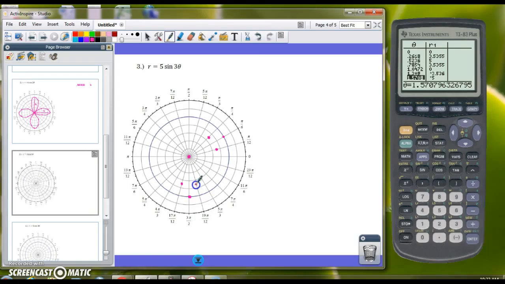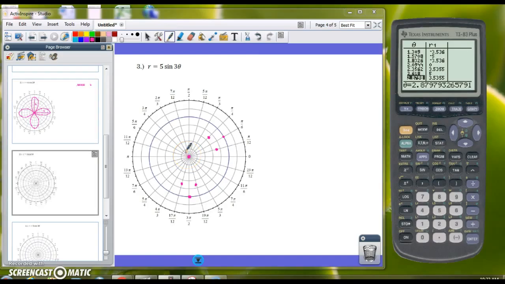At the next one we're going to be at negative 3.5. So at 7 pi over 12, we're at negative 3.5. And then we're back at 0, and then we're going around this way.